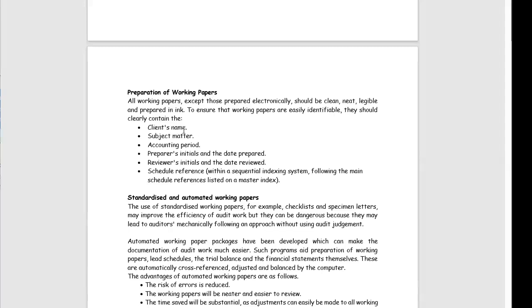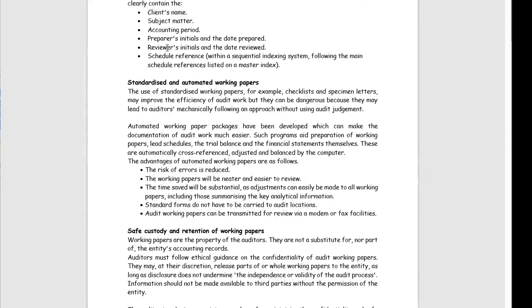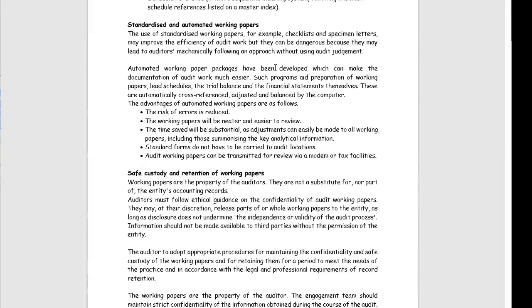To ensure that working papers are easily identifiable, they should clearly contain: one, the client's name, subject matter, accounting period, preparer's initial and the date prepared, reviewer's initial and the date reviewed, schedule reference within a sequential indexing system following the same schedule references listed on a master index. So then we have got two categories of the working papers, standardized and automated working papers.